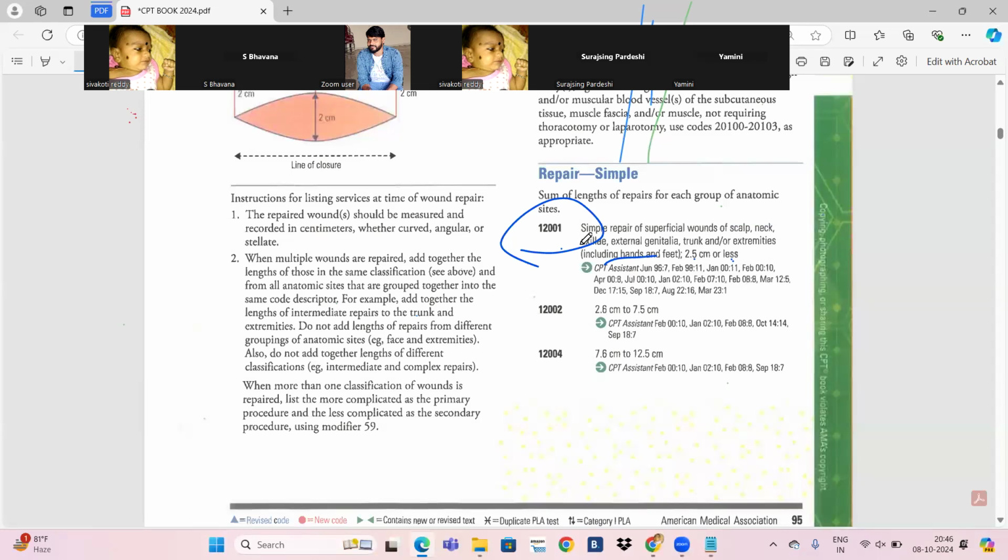we can discuss codes here. Read this line: sum of lengths of repairs for each group of anatomic sites. Each anatomical location has a different code.